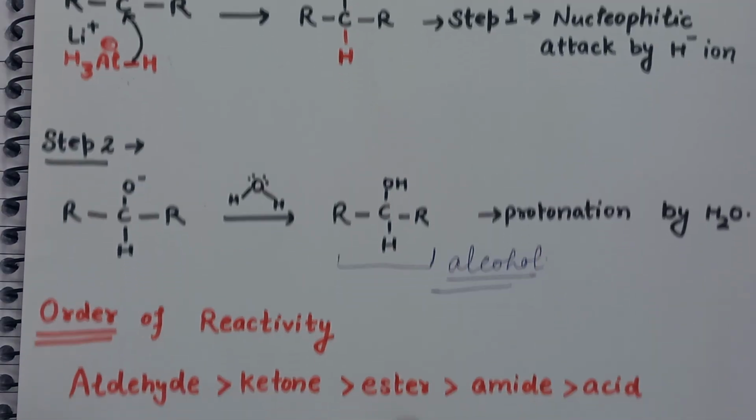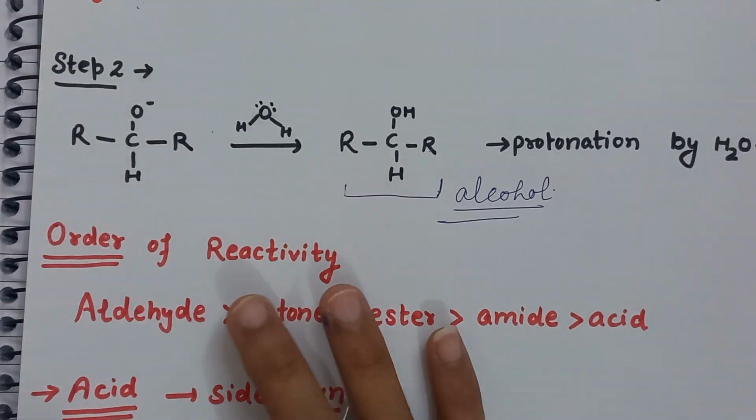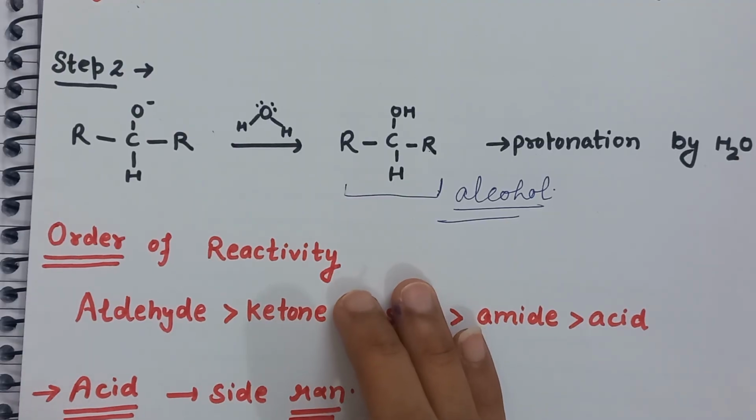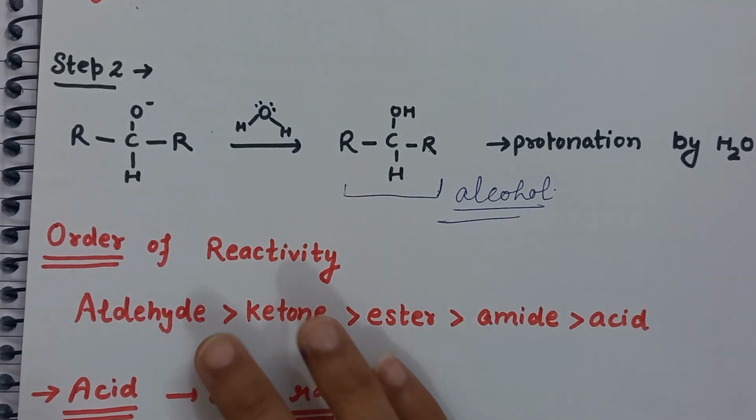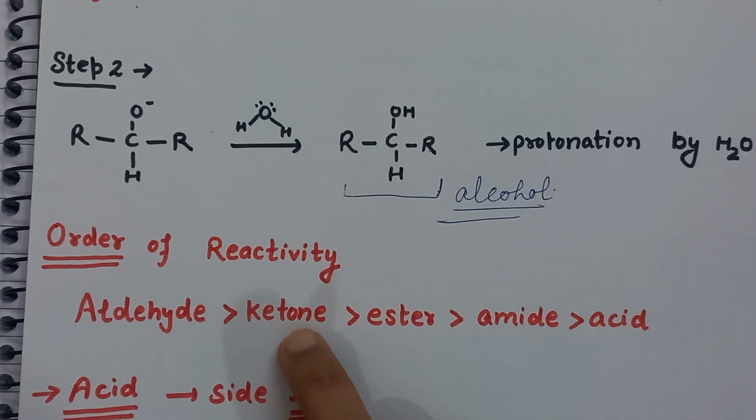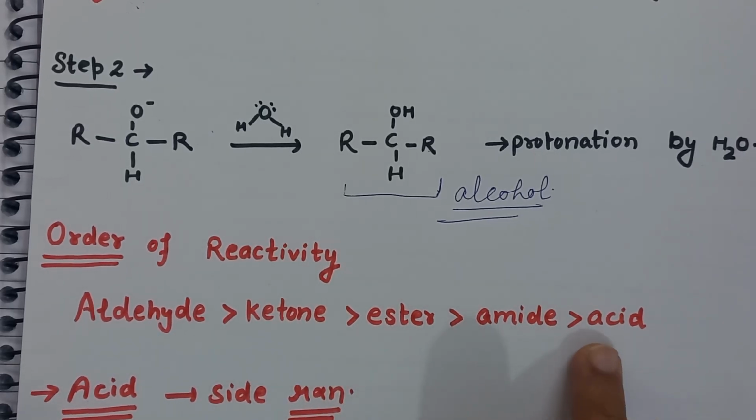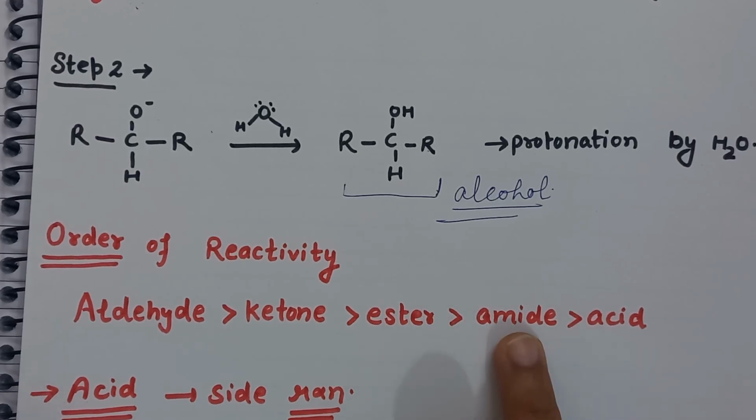So if anyone asks about the order of reactivity, as we have said that it can be used to reduce the aldehyde, ketone, ester, amide and acid, what is the order of reactivity of lithium aluminum hydride towards these groups?